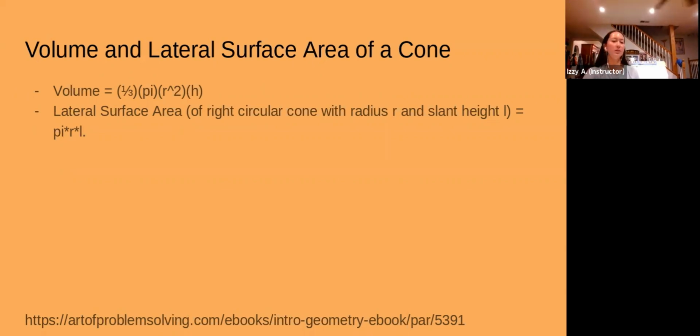But yeah, it's up to you. Actually for cone, I would recommend learning it because it might be a little bit harder to derive the formula using the problem solving skills that we used to figure out the volume formula for a cylinder. But yeah, just a little heads up.